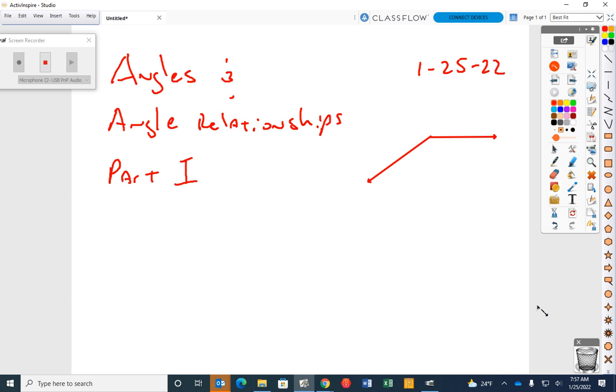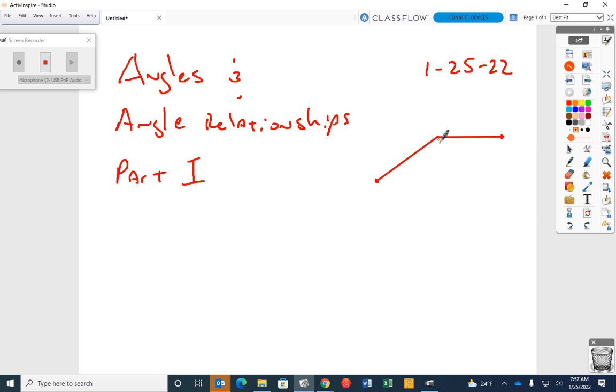That's two rays. Two rays make up an angle. Remember, a ray has an endpoint and it continues in the other direction, right? What is that point where they come together called? Anybody know? Anybody? Raise your hand. Is it the vertices? That's the plural form. Yeah, vertex.